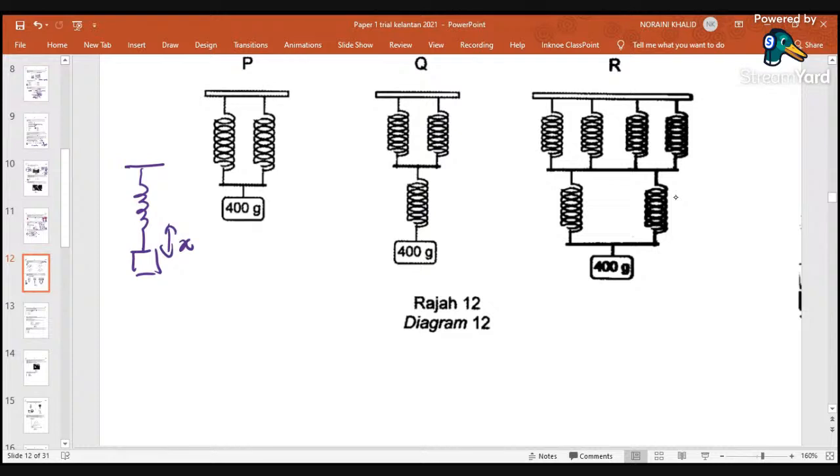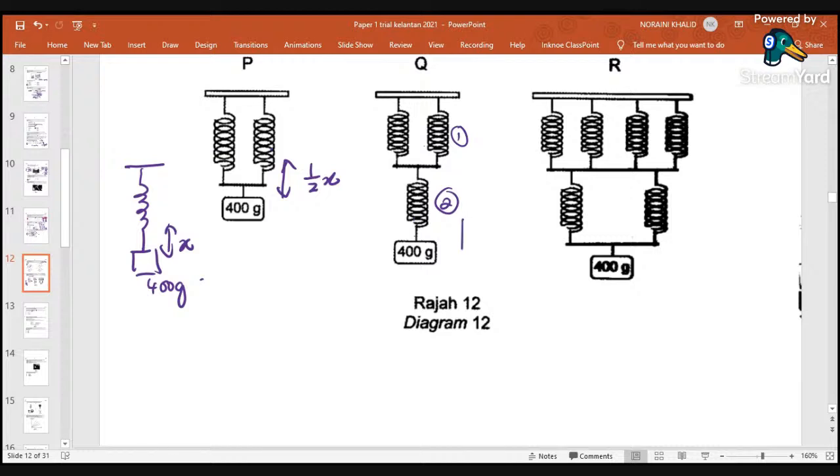So let's say this is also 400 gram. If two are in parallel, now the load is shared by the two springs, so it becomes half the force acting on the spring, so the extension will become half X. These two parts, 1 and 2, are in series.